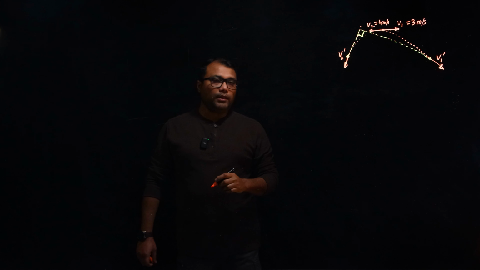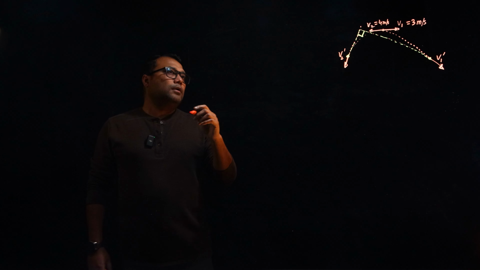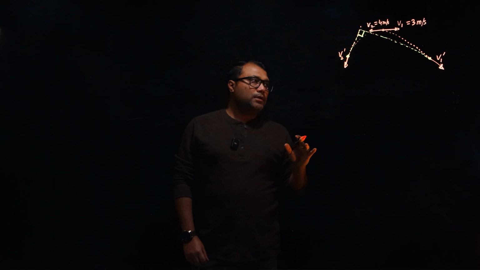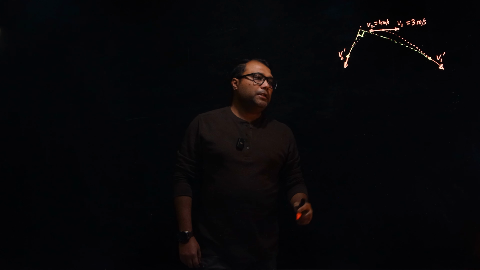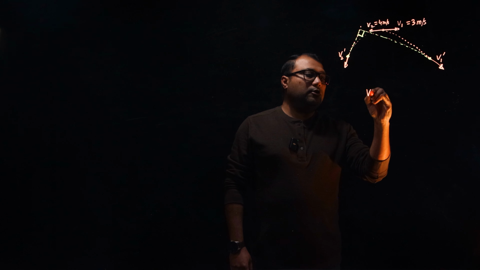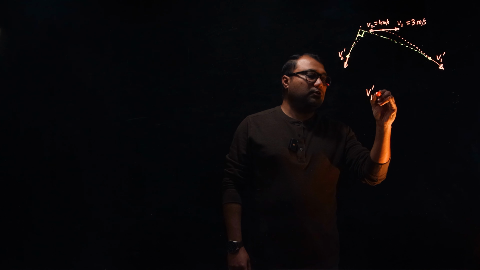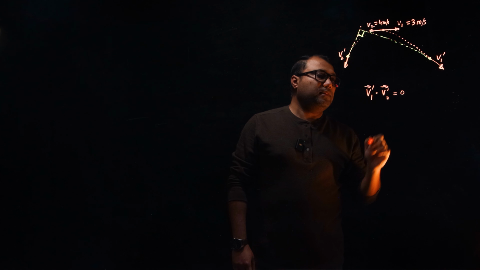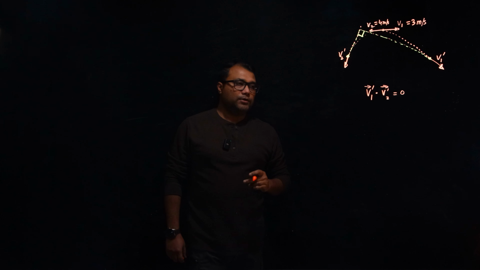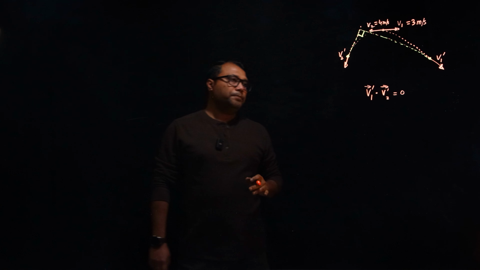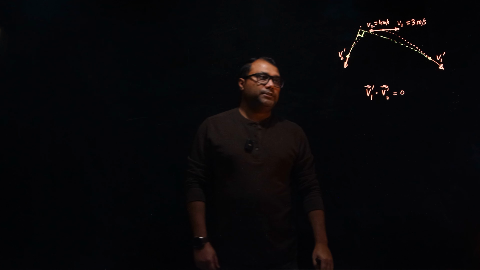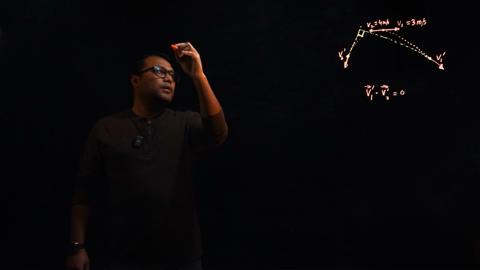Now I'm thinking of doing this problem using vectors. If two vectors are perpendicular to each other, then their dot product v1 dashed dot v2 dashed should be 0, and that will give us a result. But before that we need to find out what v1 dashed and v2 dashed are, and that is pretty simple.